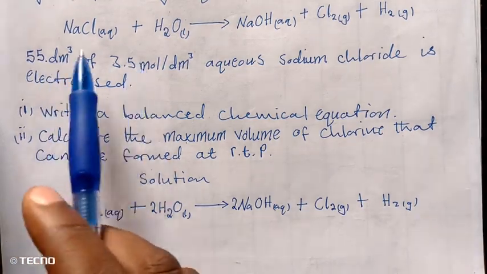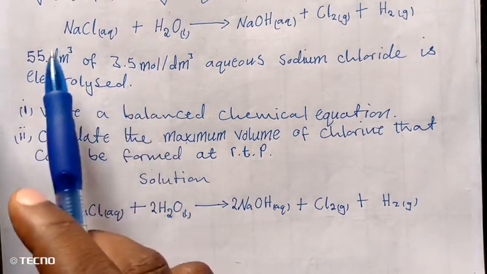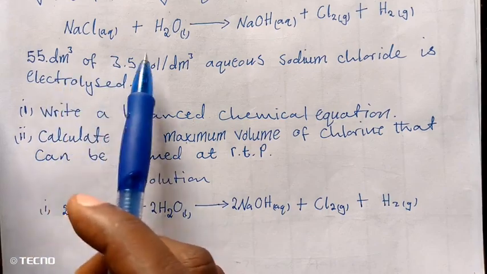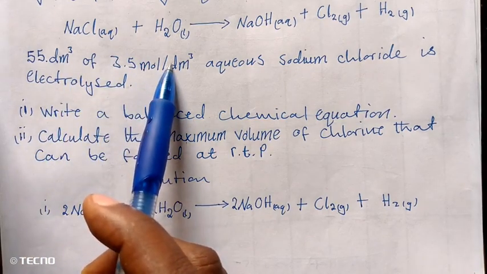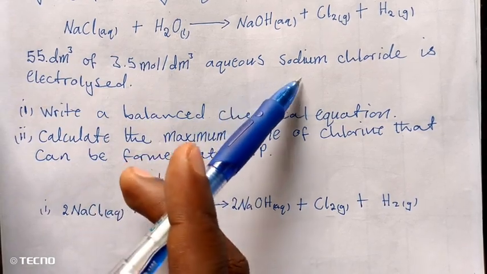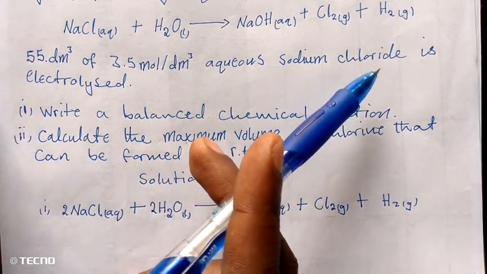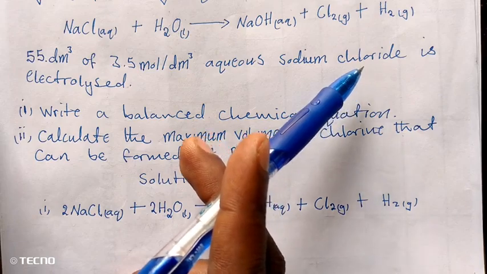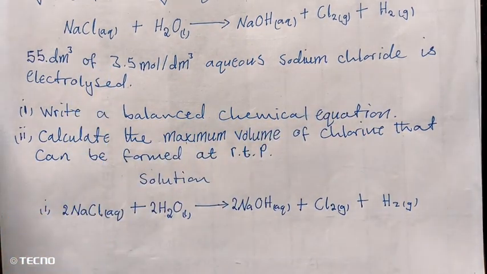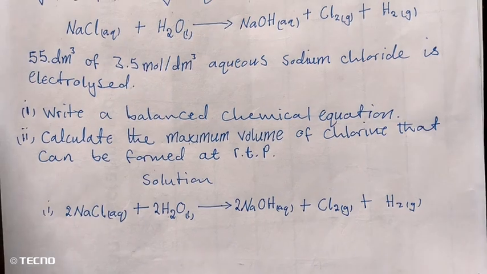So this is the first information that we have been given. So here it is very simple for us to find the moles of sodium chloride. Then we use the same mole to find the ratio for another, what, for chlorine. Okay, so we'll do like this.